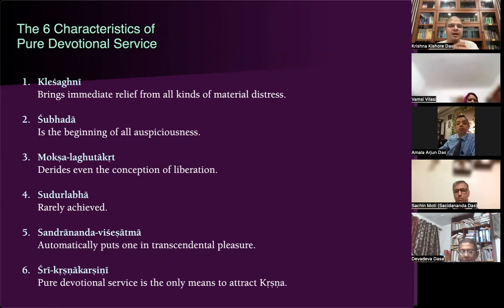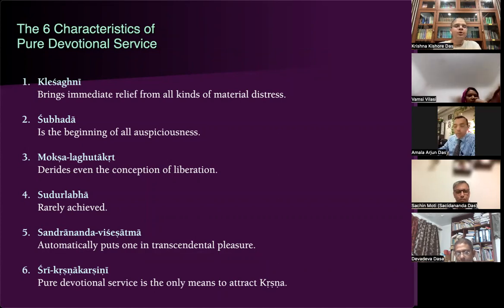Bhakti makes life Shubhada, full of auspiciousness. Therefore, we discussed many times that the presence of pure devotees makes a place a holy place, because wherever devotional service is practiced, Lord Krishna himself is present. Tirtha kurvanti tirthani. And wherever there is Krishna, there is auspiciousness. So the practice of devotional service brings auspiciousness.